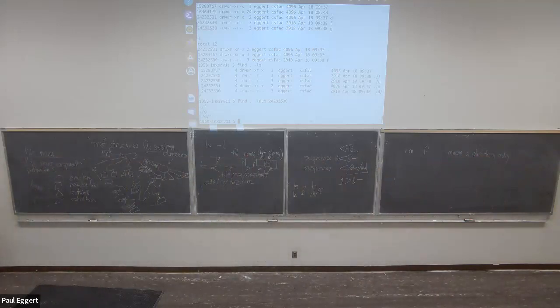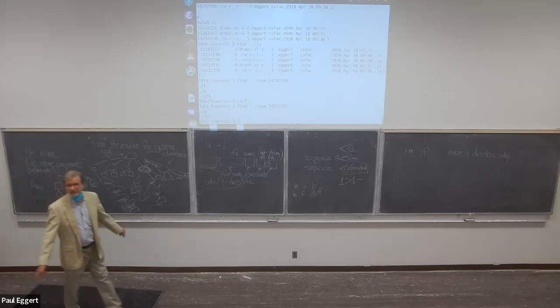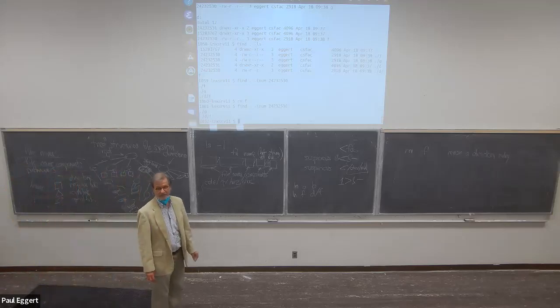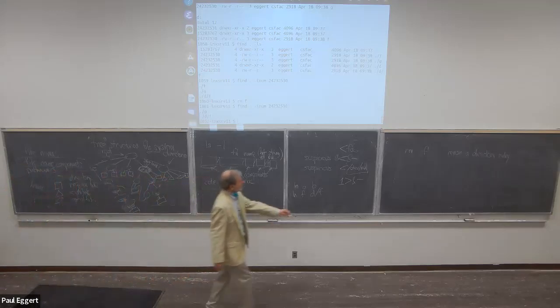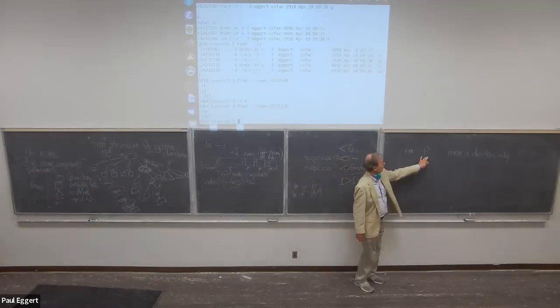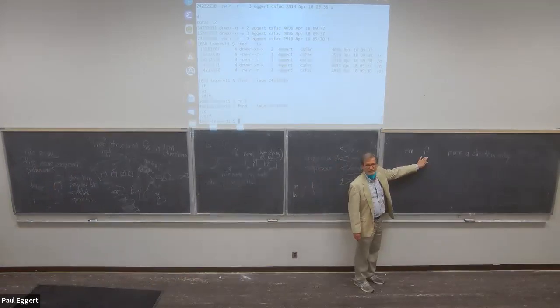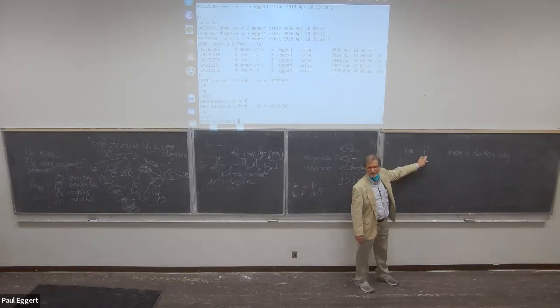I'm going to run rm f here. Right? And now when I run the find, you'll see that now there are only 2 sort of names for this file in the system. The file's still there. I haven't actually destroyed the contents of the file at all. All I've done here is I've modified the directory, the current directory, so that f no longer names a file.